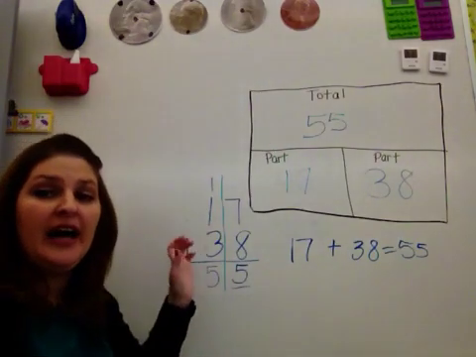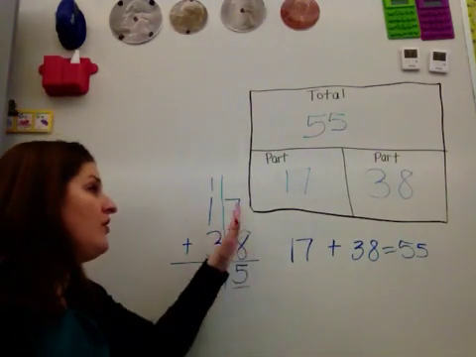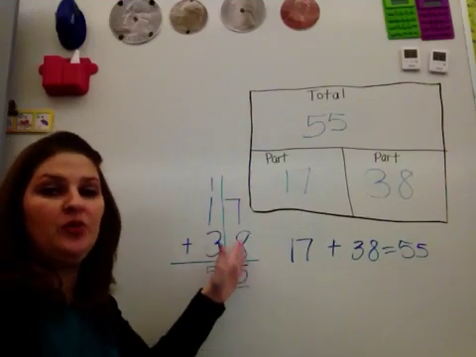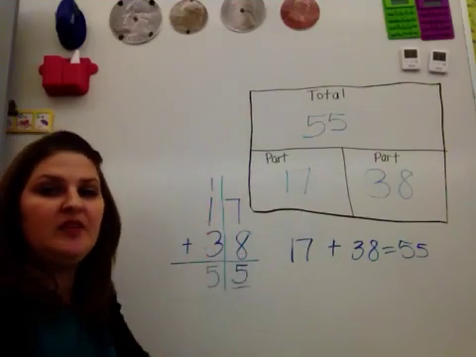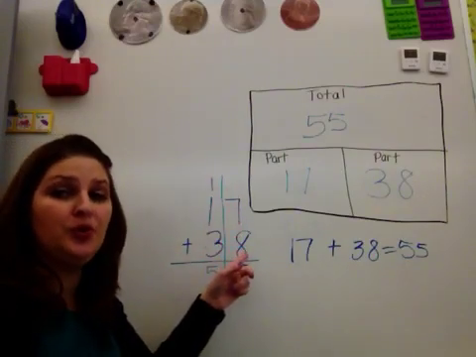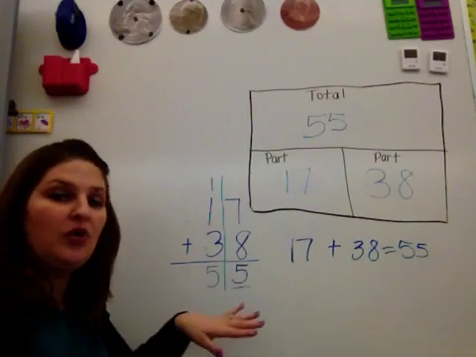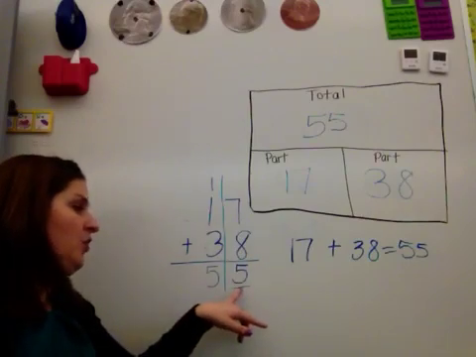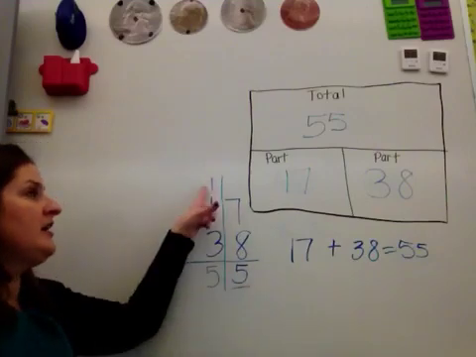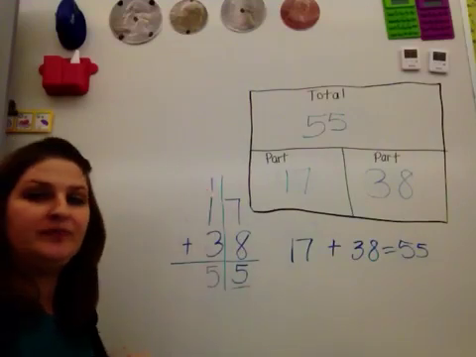When we do our column addition, we're always going to start in the ones column. Then we'll go to the tens column. If when we have our ones column and the number is too big, meaning it is over 9, only one number can go here, so we need to carry the other number over.